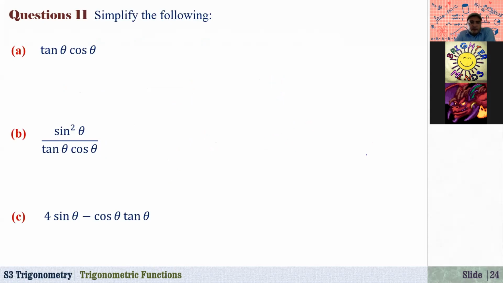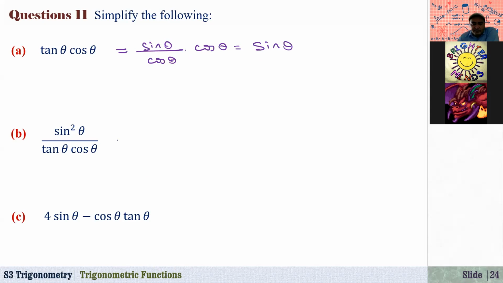Okay, simplify the following. Let's just do a few of them and move to the next question. Tangent of theta times cosine of theta. Tangent is sine over cosine, right? So that is sine of theta over cosine of theta times cosine of theta, which is equal to sine of theta.